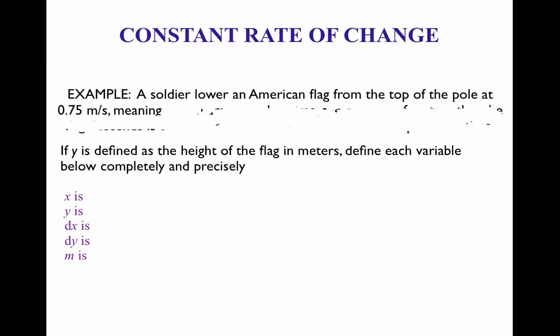Okay, and after that, I want you to do these variables. So if I'm going to give you y, though, y is defined as the height of the flag from the ground. So 0 going upward is the height of the flag. Define each variable below completely and precisely.